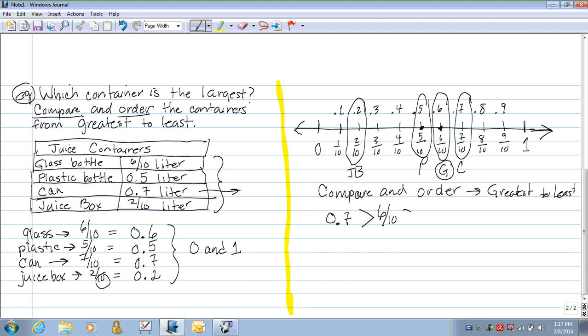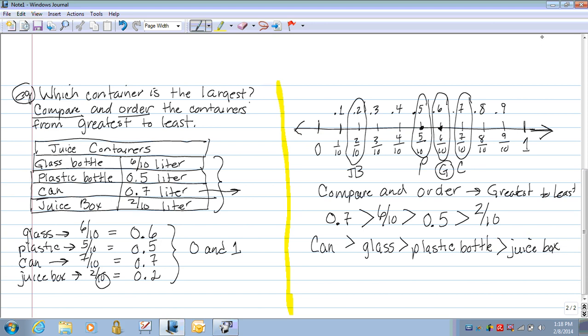And that is greater than 5/10, which is written as a decimal, 0 and 5/10. And that is greater than the juice box, which is written as a fraction as 2/10. So the order for this would be a can is greater than the glass, and the glass is greater than the plastic bottle, and the plastic bottle is greater than the juice box.